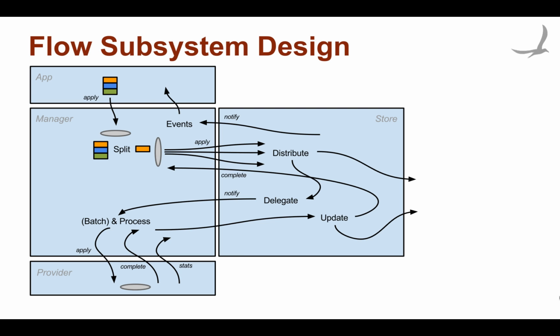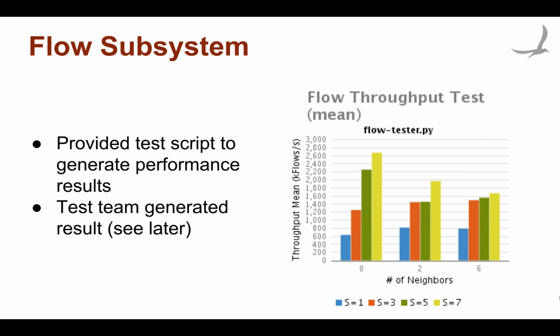I don't know if I'm going to go through this whole diagram, but that's basically the working model of the flow subsystem: how an app submits work, how it's split up, how it's parallelized, distributed, and then passed to the correct node for installation, and then the update is done out of band to update the different neighbors. Next slide.